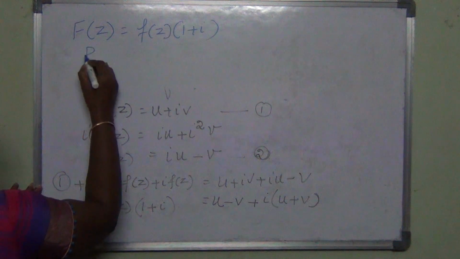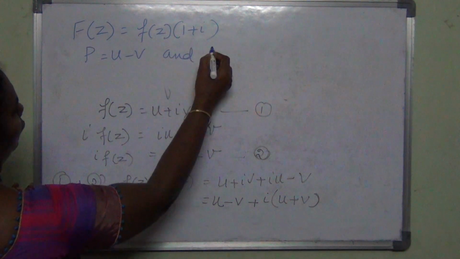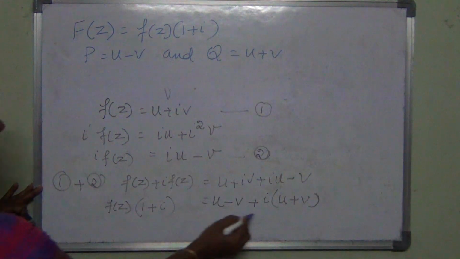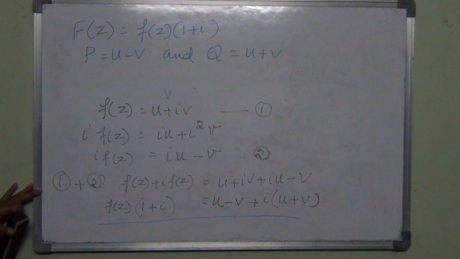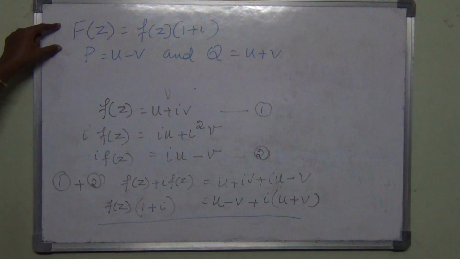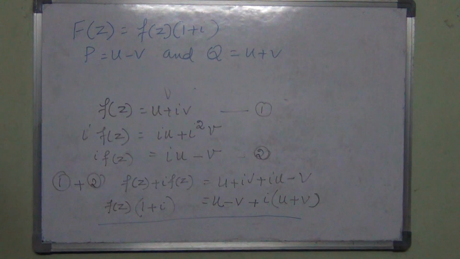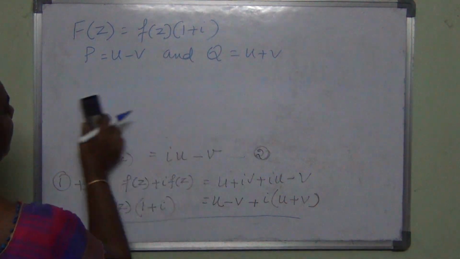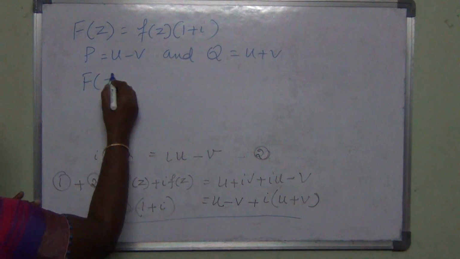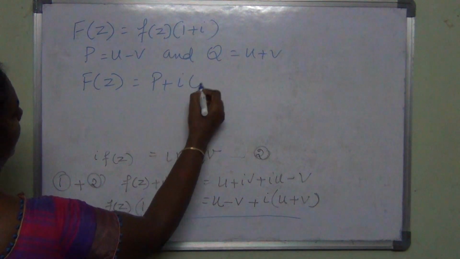Then let us take P = u − v, and Q = u + v. So capital F(z) = P + iQ.